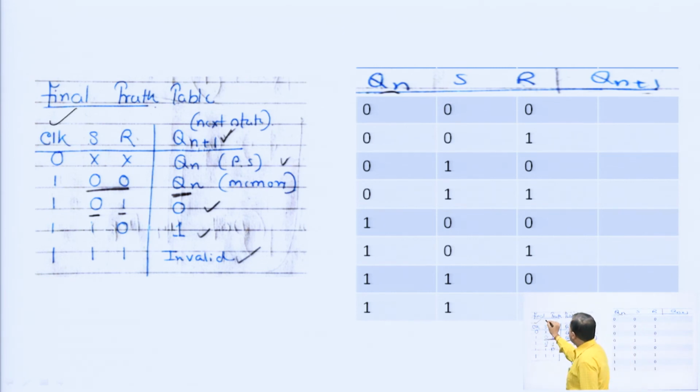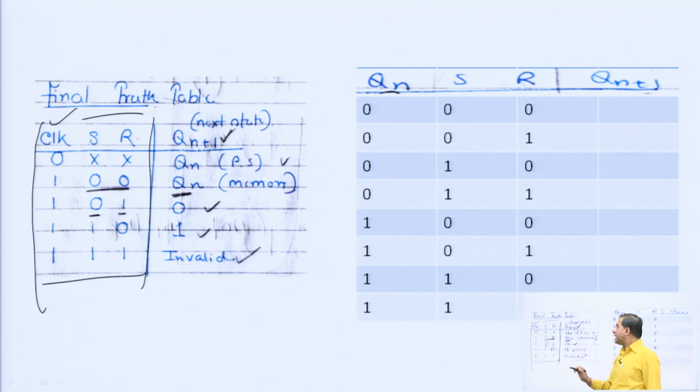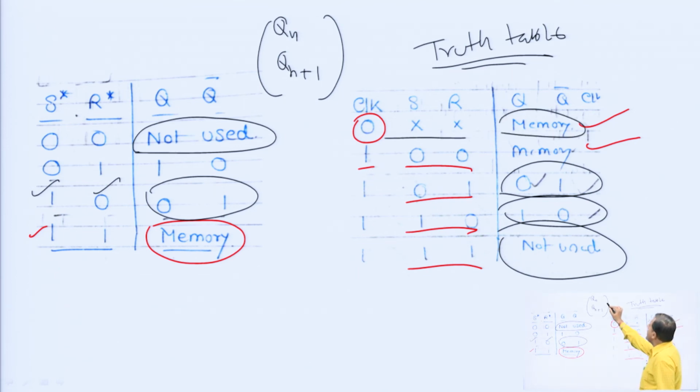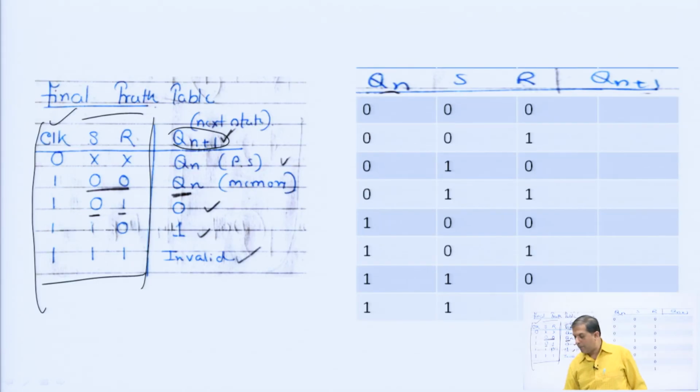Clock 0, the left part of the truth table will be the same, and the right side will have only one output, Qn plus 1, the next state. For 0 0 with don't cares, memory means Qn and Qn plus 1 are the same. So, Qn plus 1 will be Qn, because of the memory concept.